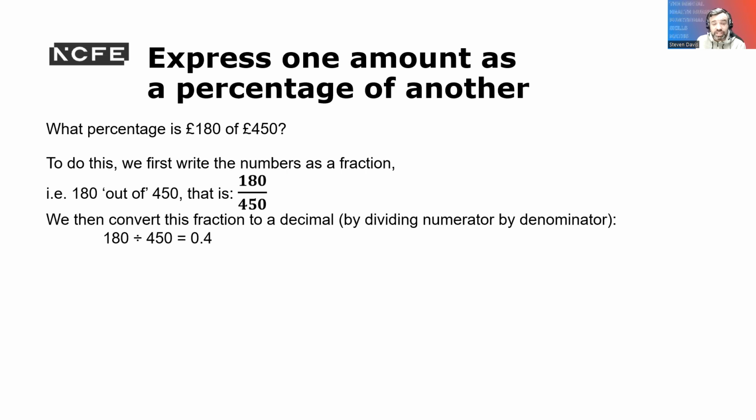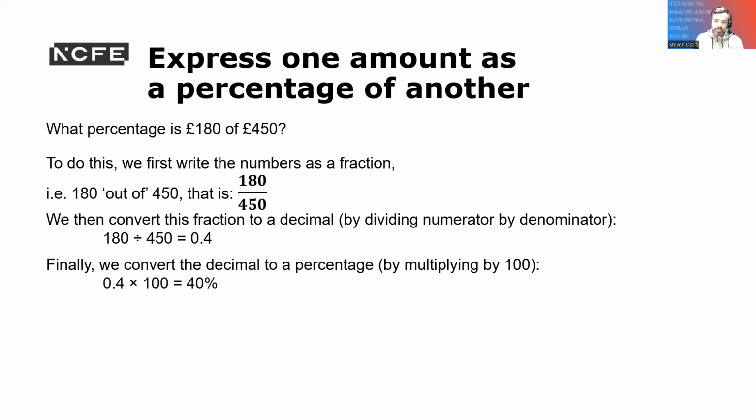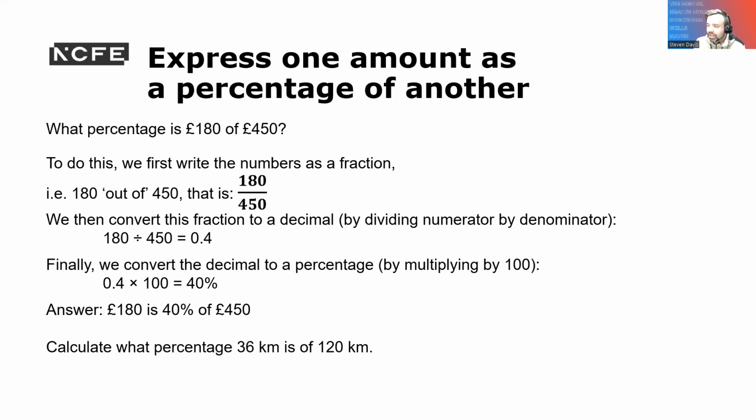So that's then 180 divided by 450 equals 0.4. We now know that 0.4 as a percentage is 40%. Because 0.4 times 100 is 40%. So the answer there is 180 is 40% of 450.